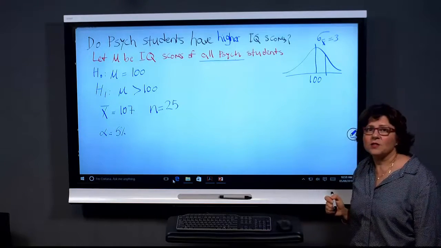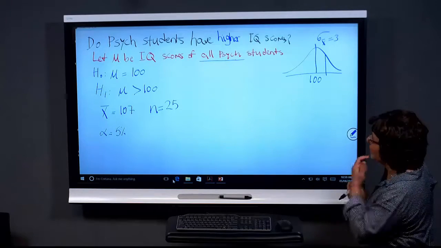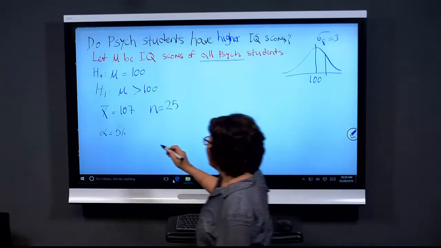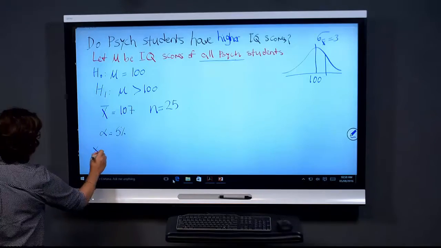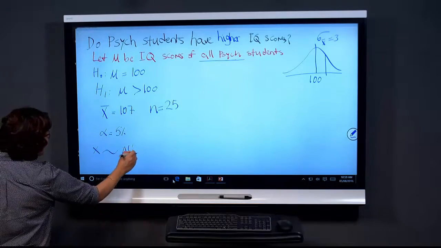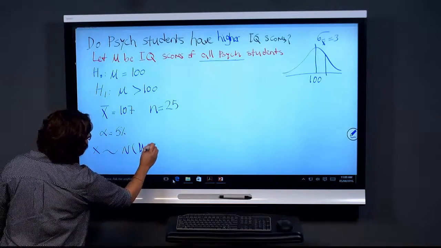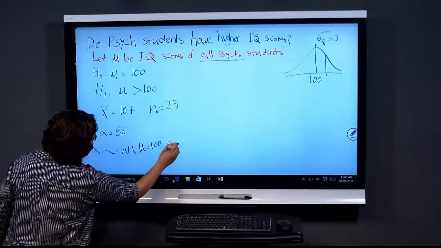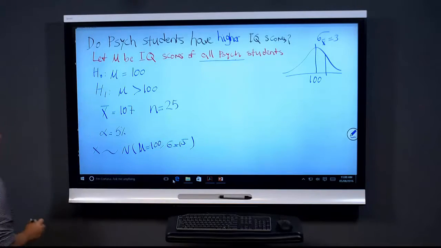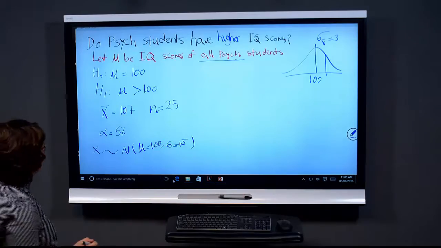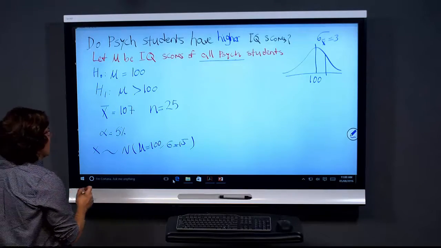Why was it not 15? Because X was the population of individuals, and then it was normal, mu is 100 and sigma 15. But we are talking about X bar of a sample of size 25.